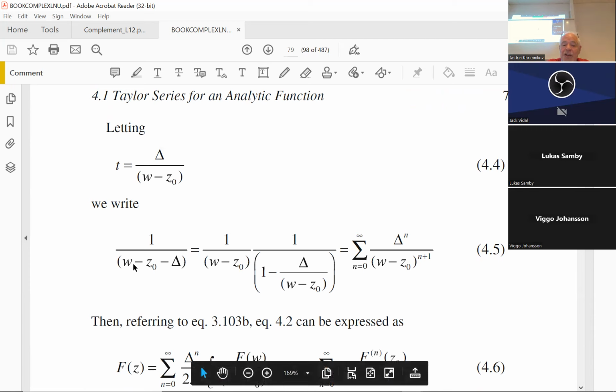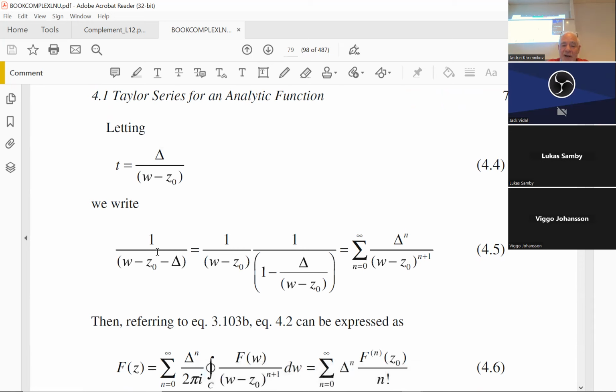But here it is not one, but some number, we take it away, and we get this. So this delta divided by this plays the role of the parameter of the geometric progression, of this number which was in the geometric progression. So if this number, parameter t, is less than one, we can expand in a geometric progression.